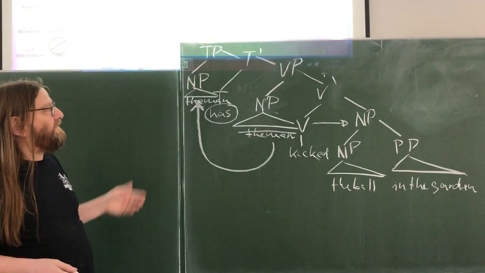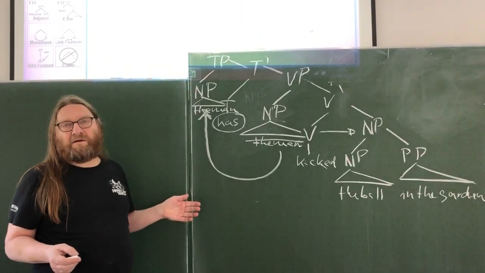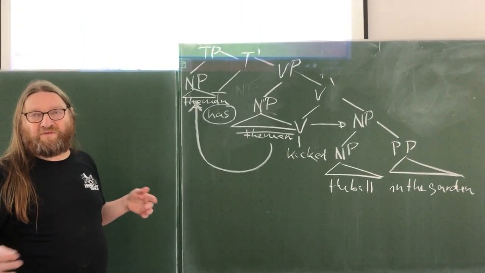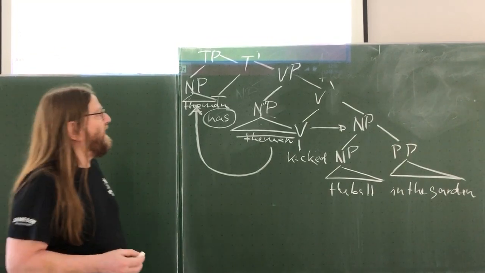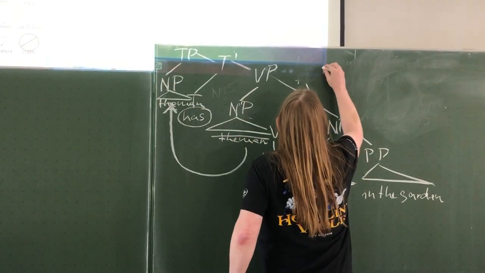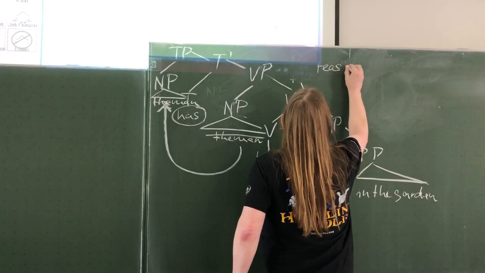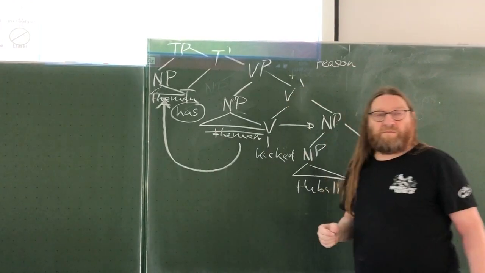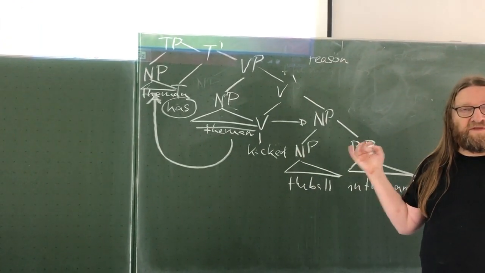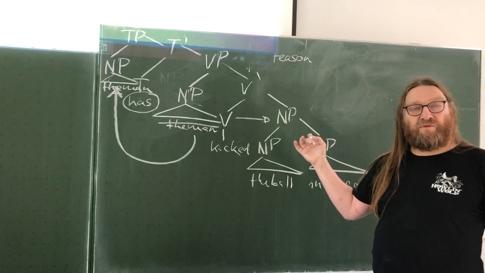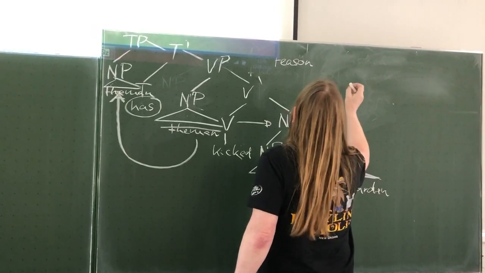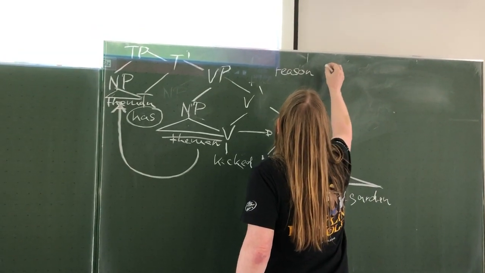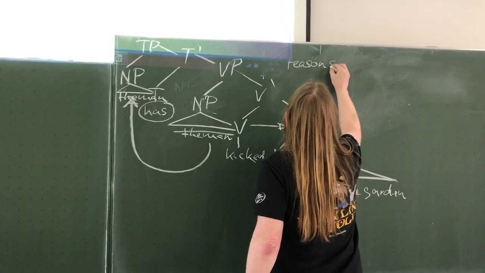Okay, so this could appear like an empty glass bead game, so you move stuff around, but we will discuss both the evidence and the reasons for this movement in later videos and in our sessions.